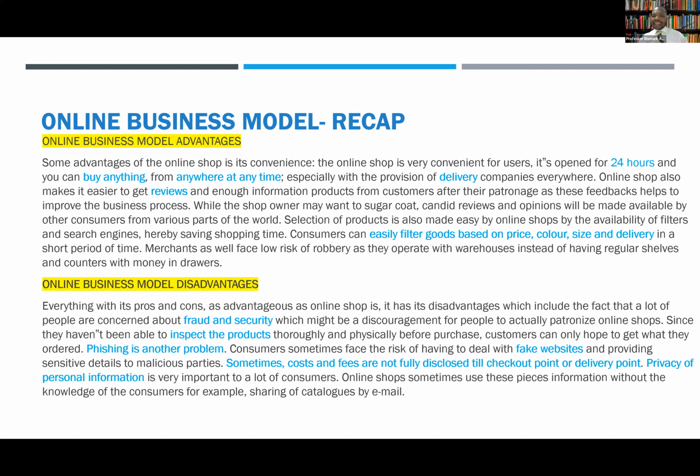Someone will put a product into the cart and be super excited to pay $3, but they would not be super excited to pay $30. But if they had known from the beginning that it would be $30, most likely they may not put it inside the shopping cart. So that's where we say fees and costs are not fully disclosed till checkout.